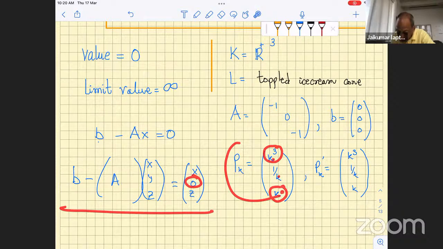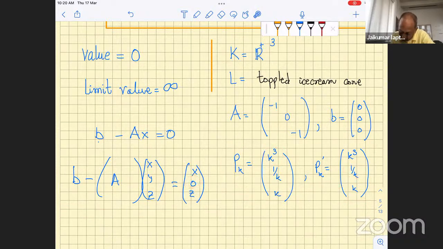Now k cubed, 0, k is not a point in the toppled ice cream cone, but there is a point close by in the toppled ice cream cone, namely this. As k increases, this point and this tracking point differ by 1 over k. So as k goes to infinity, the difference goes to 0.